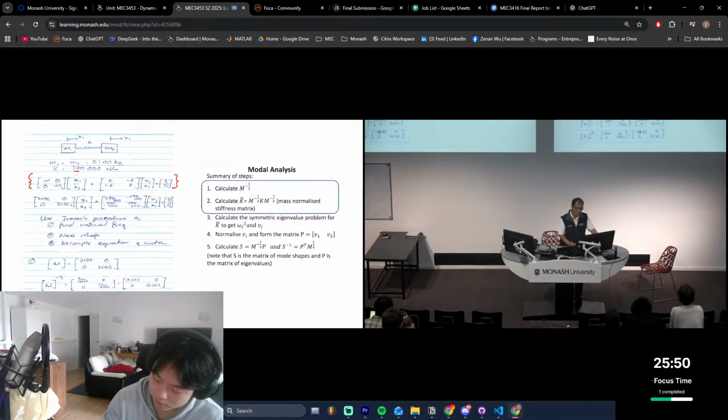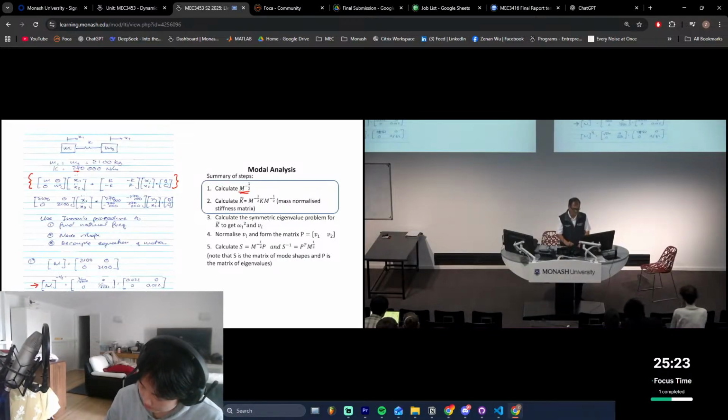What I like to do is to use the approach that is given in the text to find the natural frequency, the mode shape, and to show you how to decouple the equation. The first step tells us that we have to use our Cholesky decomposition to work out the square root of this mass. So this is our inverse square root of the mass, and this is the square root of the mass matrix.